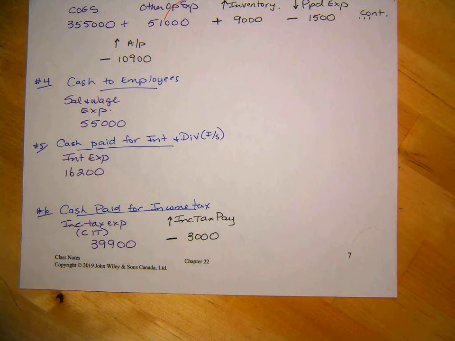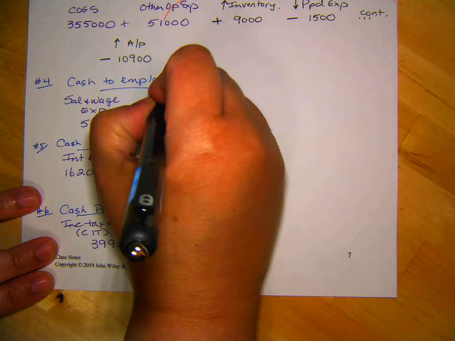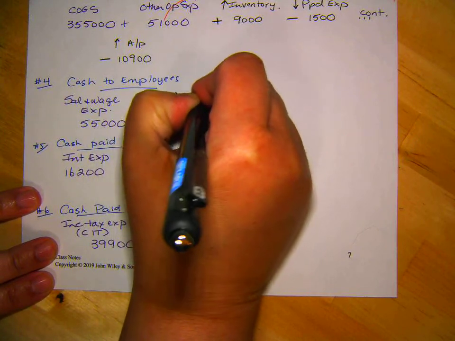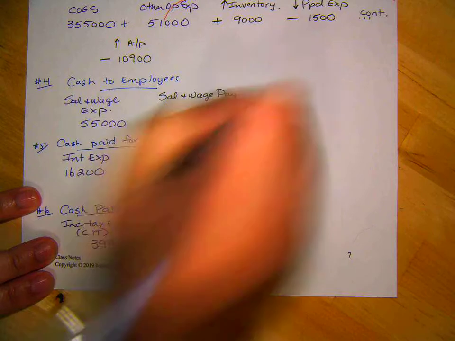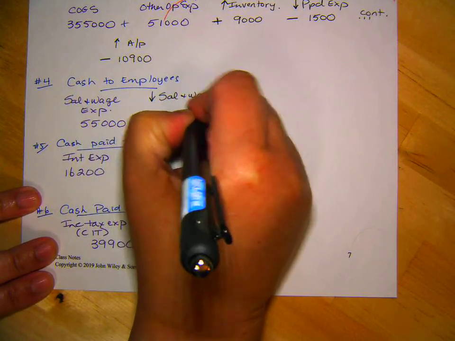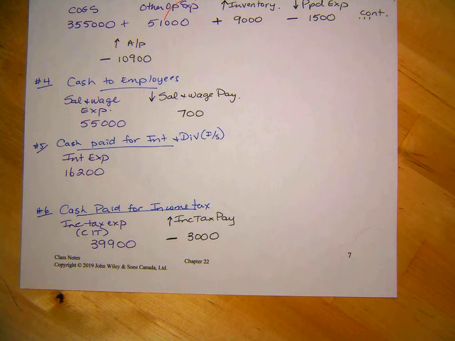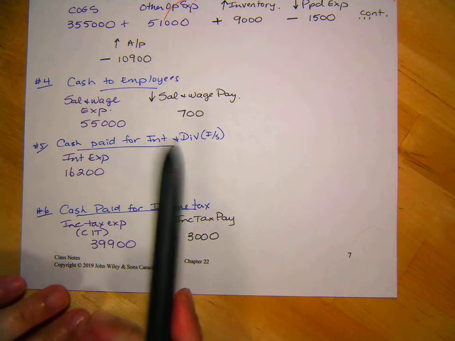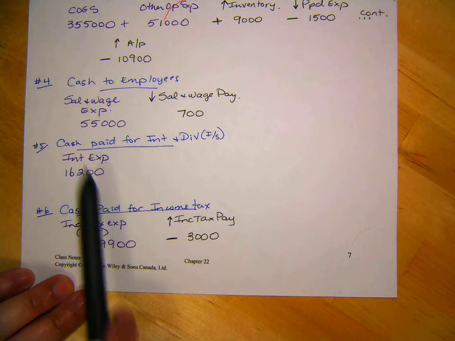The last one on here is salaries and wages payable. Really should have drawn lines across. So there's a $700 decrease, and it's in section 4. So we have salary and wages payable, and they went down by 700. So remember, we're converting the purple numbers from the income statement to cash.